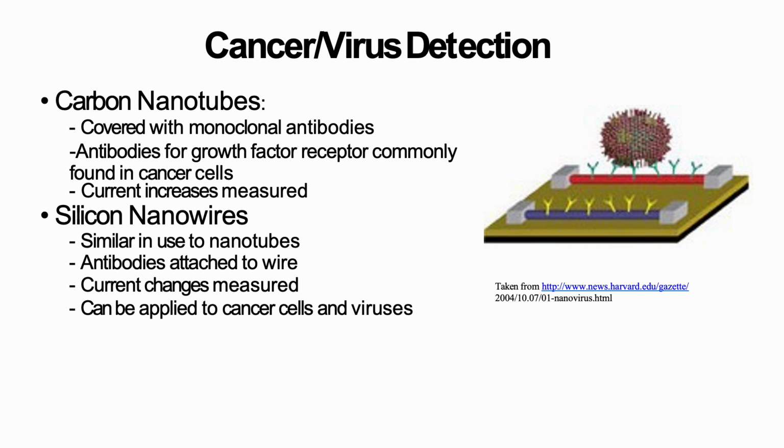you can detect cancer. We can also use silicon nanowires. They are similar in use to nanotubes. We use antibodies that are attached to the wire. Okay, so these are the nanowires, structured like wires. They are very small, and we are going to attach antibodies onto those wires.